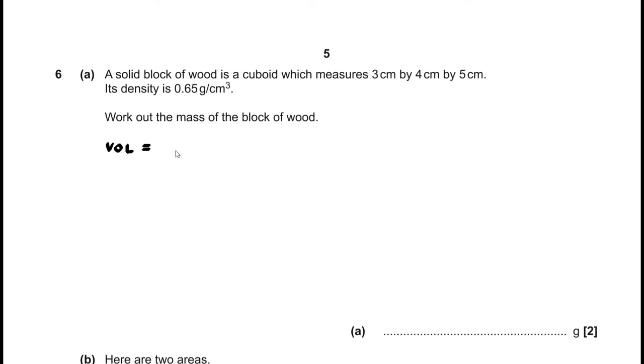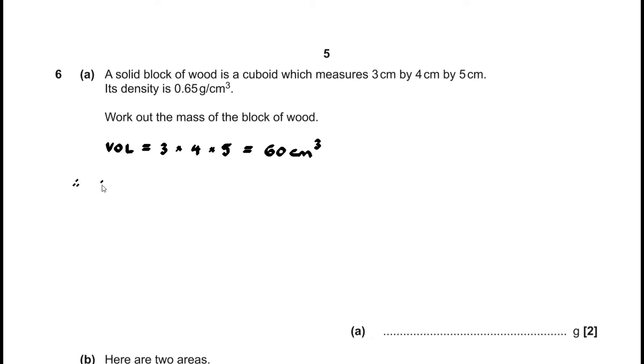The volume is equal to 3 by 4 by 5. And if we work out what this is, 12 times by 5, that's 60. So we have 60 centimeters cubed.